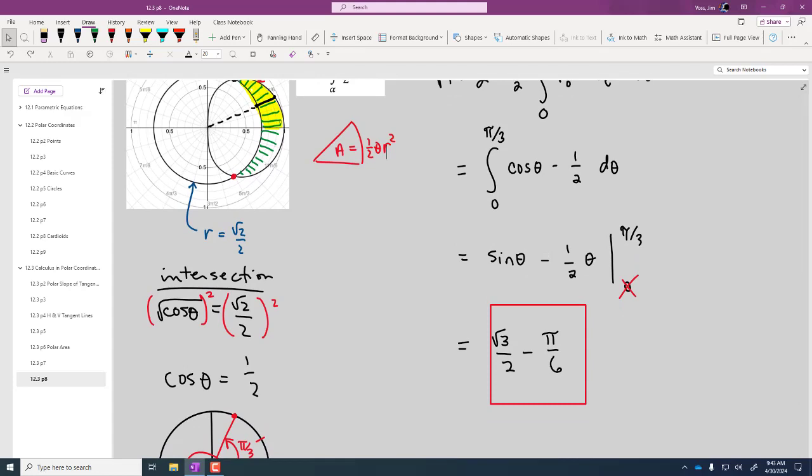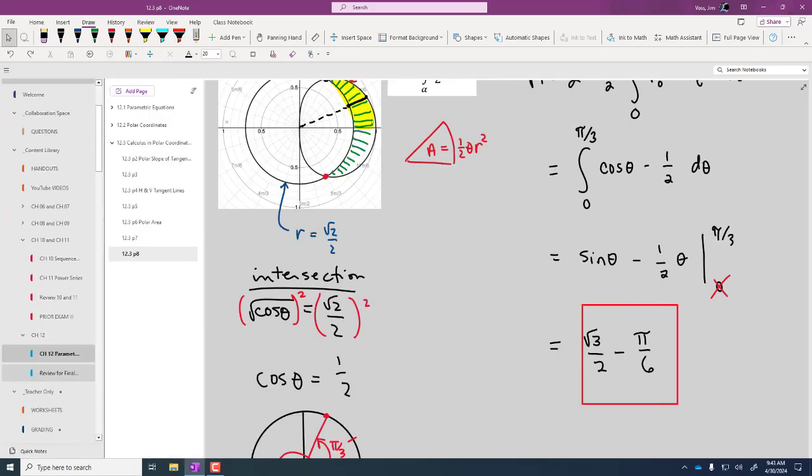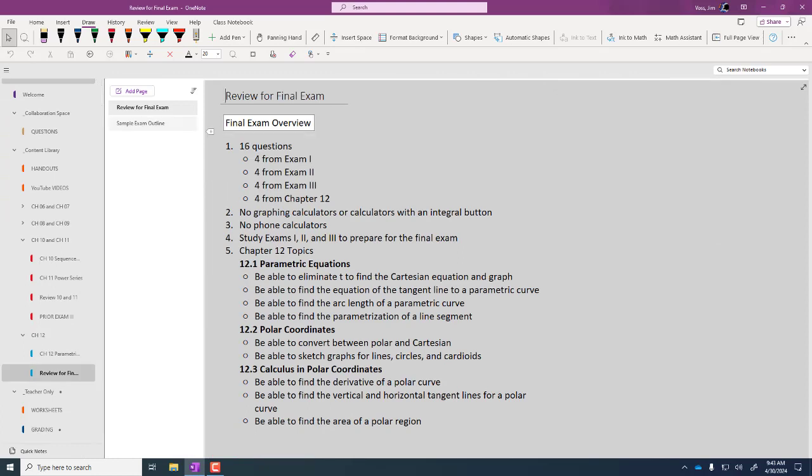Okay, so that is the end of the new content. When we look at the final, the final is going to have 16 questions, 4 from each chunk of the class: 4 from exam 1, 4 from exam 2, 4 from exam 3, and 4 from chapter 12.